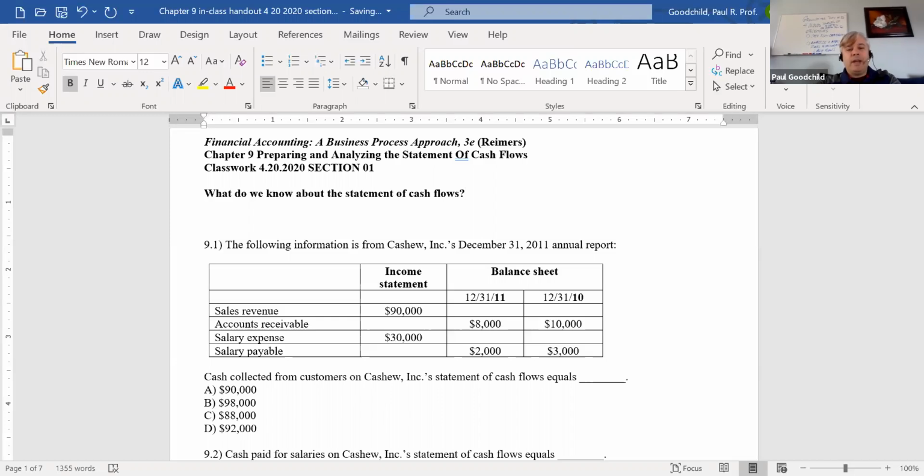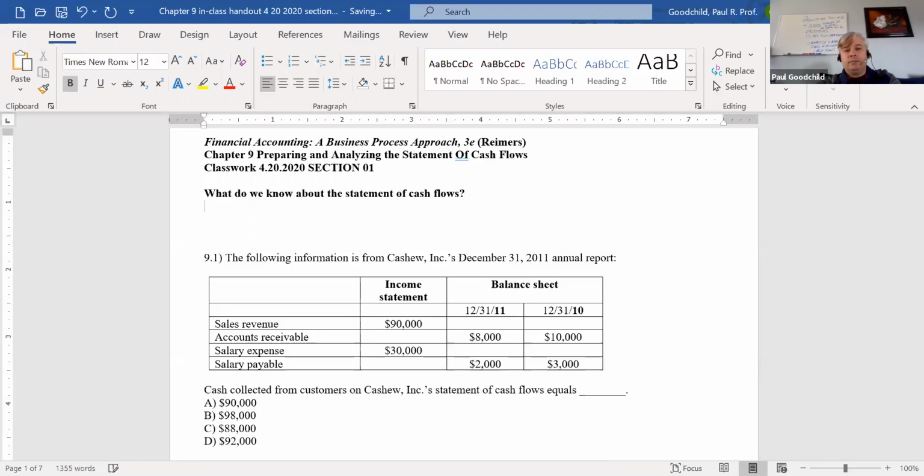All right, so the statement of cash flows is one of the important accounting statements.